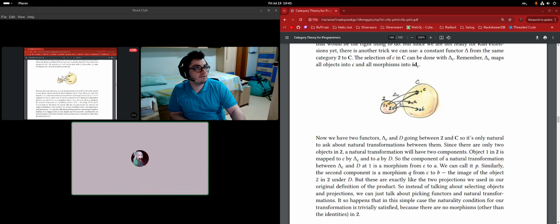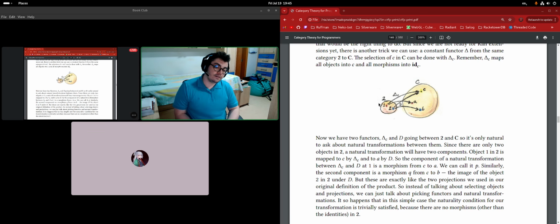One of the components, the one that goes from little c to A, is the one that we called P back when we were defining products originally. We can do the same for Q, and that will connect C to B, right? And these are the two projections that we use in the original definition of the product. So that makes sense.